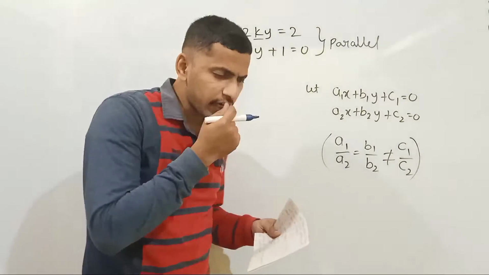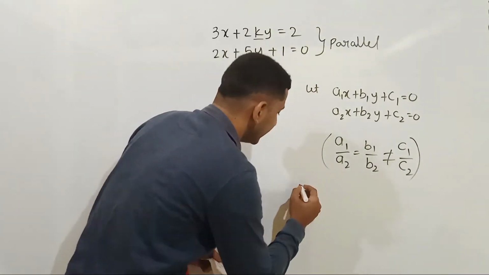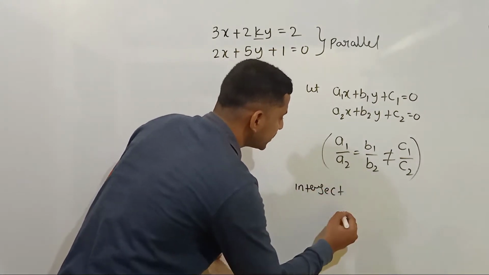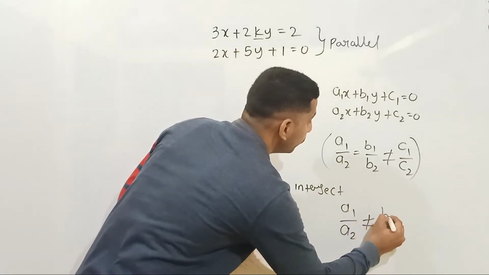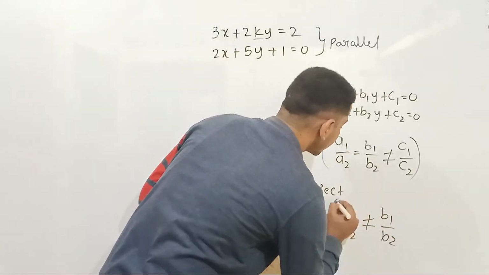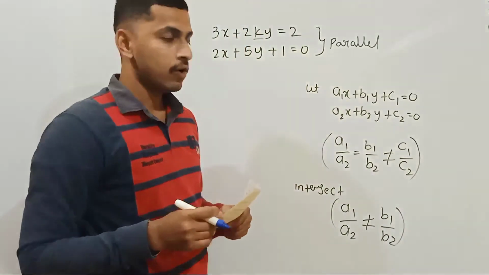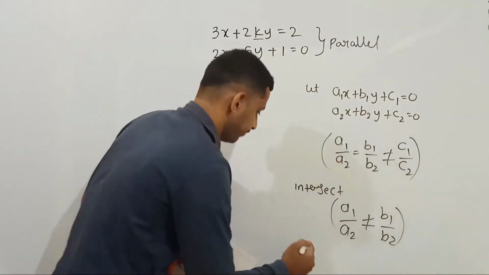Now when lines intersect, the condition will be a1 by a2 not equal to b1 by b2. This condition works when two lines intersect.